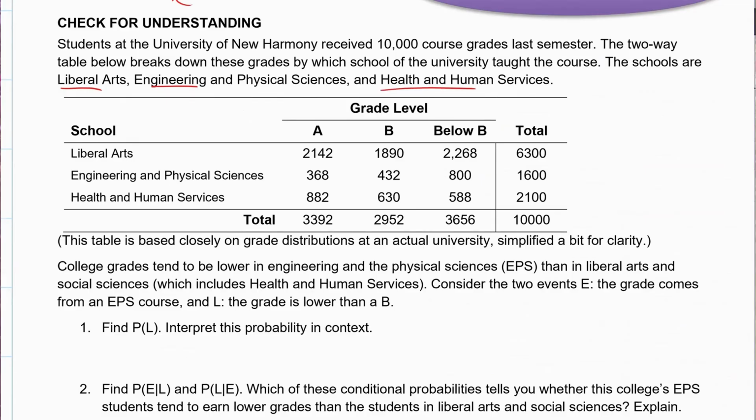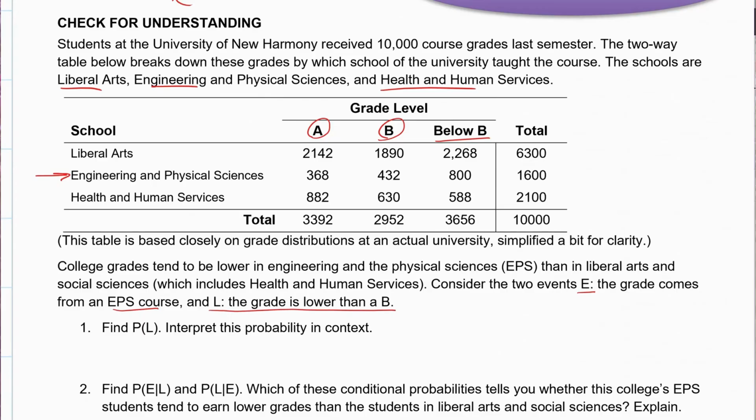What kind of grades are given? Were they an A, B, or below a B? Let's say we have some events defined. Event E is that it comes from an EPS course, meaning it's coming from the engineering physical sciences school.